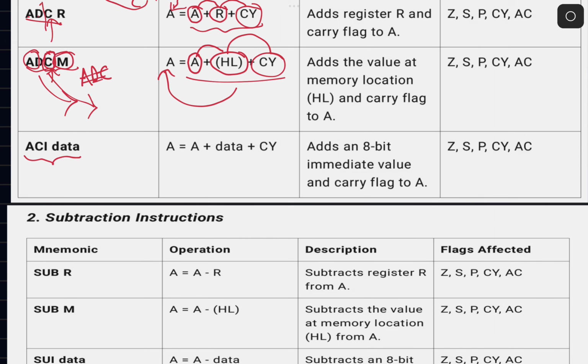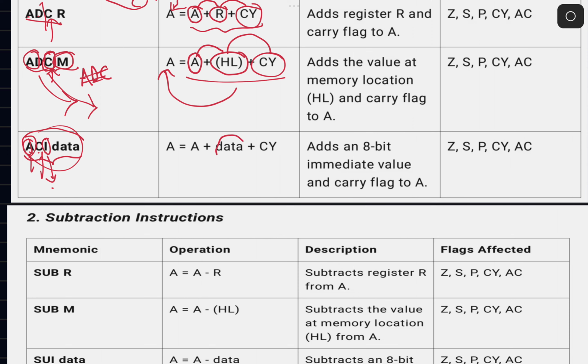And the last instruction of this addition group is ACI data. ACI means A represents addition, C represents carry, I represents immediate data. So there must be an immediate data.